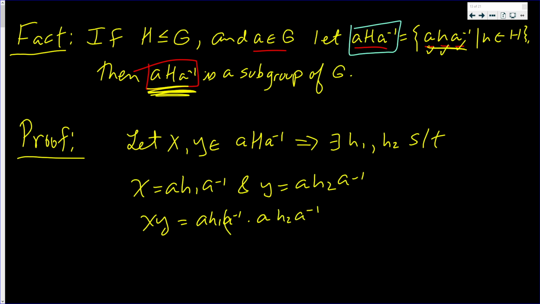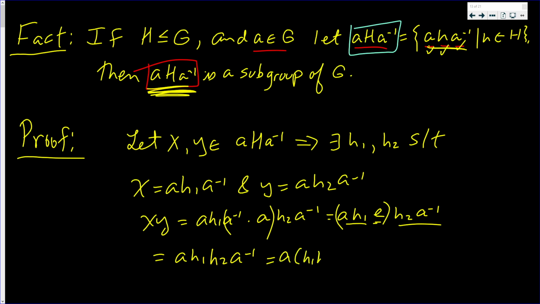I can bracket it that way, so I get a h1 a inverse times a h2 a inverse, and a inverse times a is just e. So this is a times h1 h2 times a inverse.